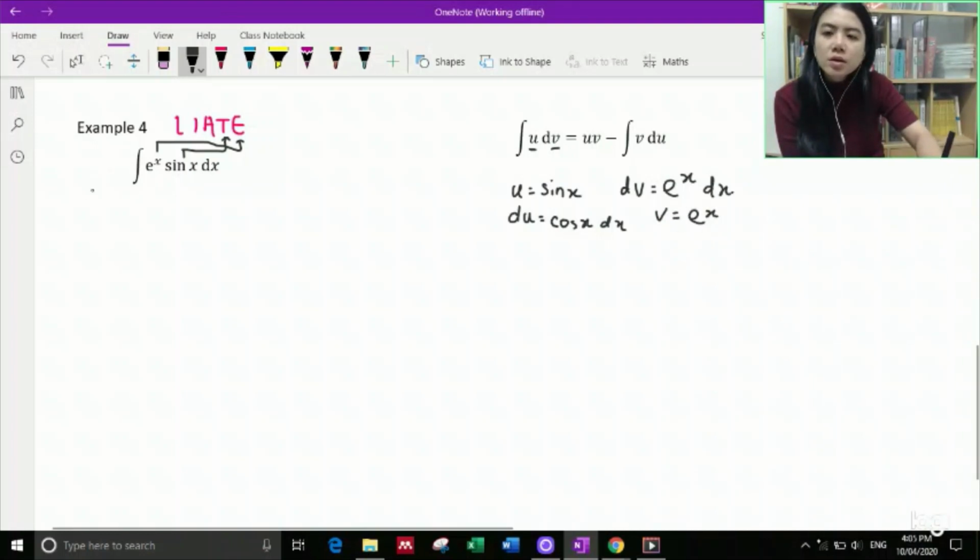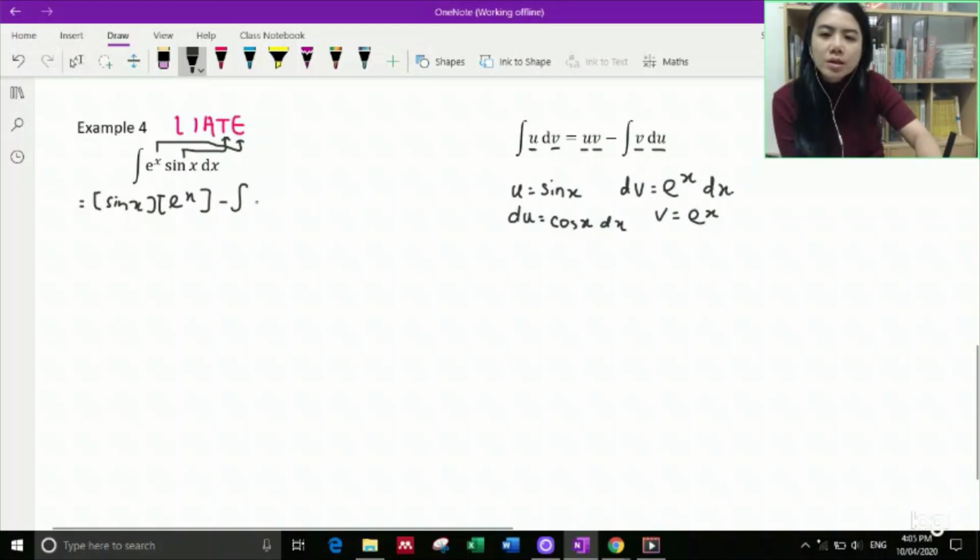Okay, so let's just write the result out. First, you're supposed to have u multiplied with v. Your u is sine x, so we have sine x, and with the v here, that is e to the x. Then minus the integration of v du. What is your v?